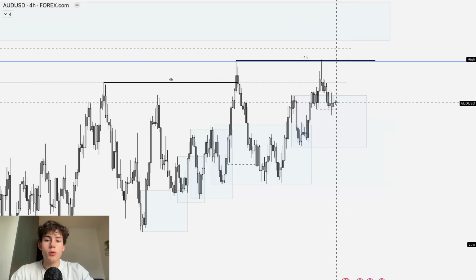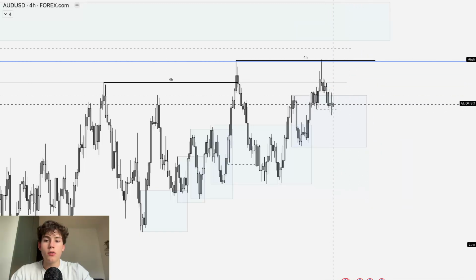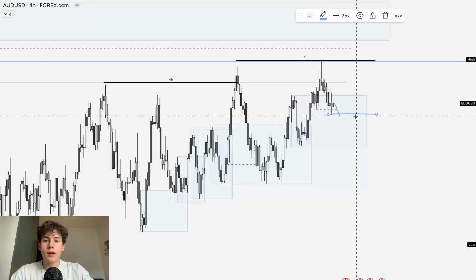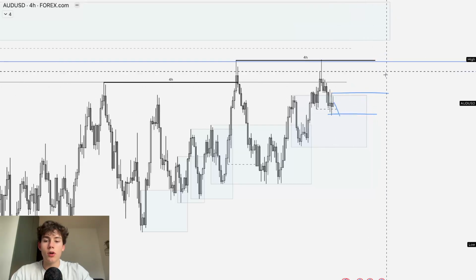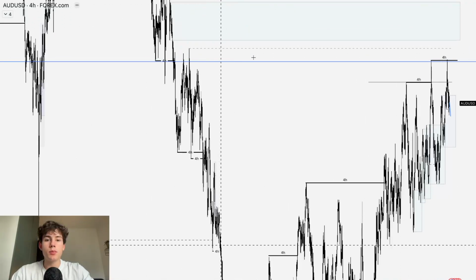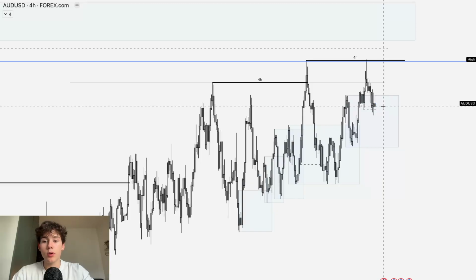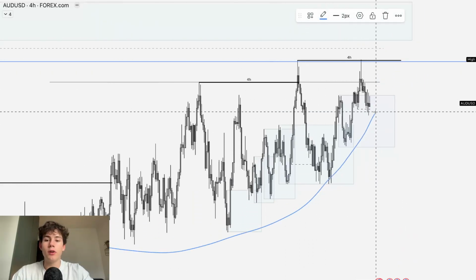So what I'm going to be waiting on is either break that fractal high in order to take longs, or swipe the fractal low, then this becomes your fractal high, and then you can start to look for longs. So then we can start to trade towards that liquidity and that supply. But once we reach that point, then I'm going to look for shorts to take out all of the lows.